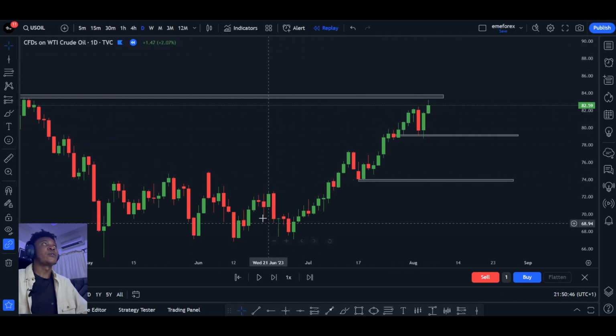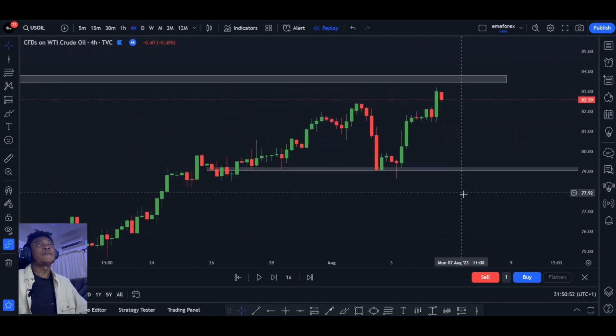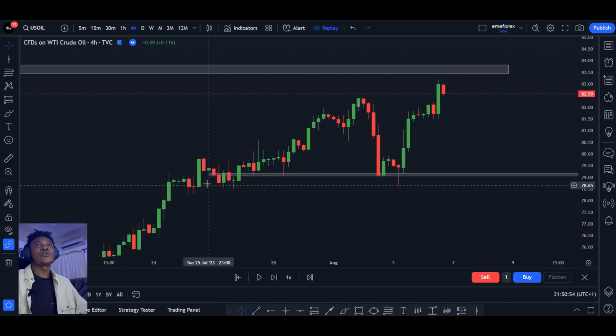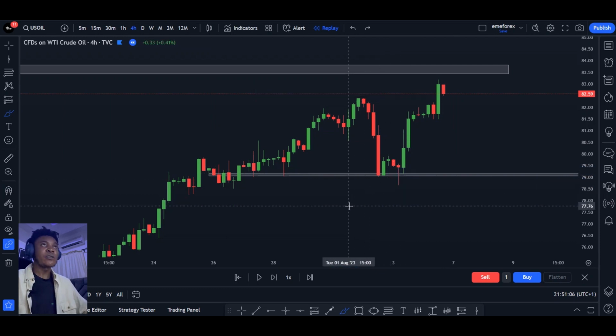If we look at this on the lower time frame, on the 4 hour time frame here, it becomes much clearer. We had the first rejection around this zone here, which was this, and we had the second one. And candlesticks are something that are very important when it comes to trading.